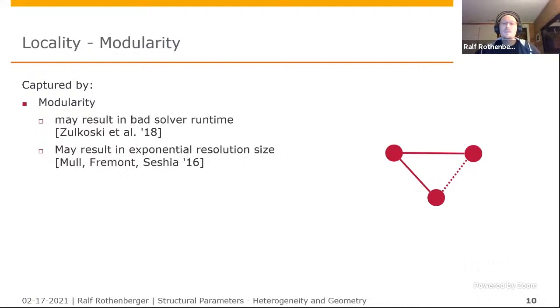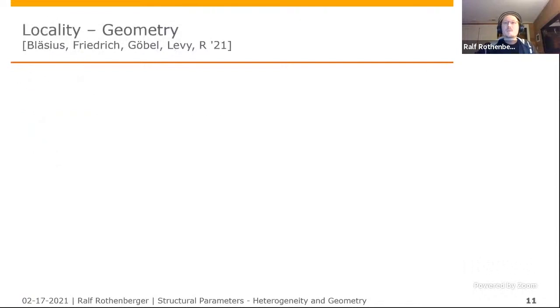So instead of looking at locality as modularity, we have a different interpretation, because we assume that we have some underlying geometry in which our variables and clauses live, and locality comes from connecting clauses to variables that are somewhat close in this geometry. So we don't need to have any modularity.